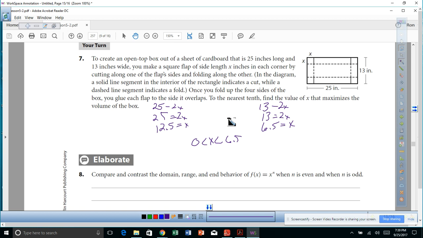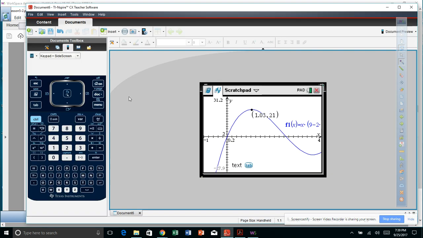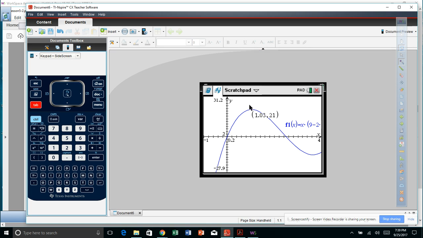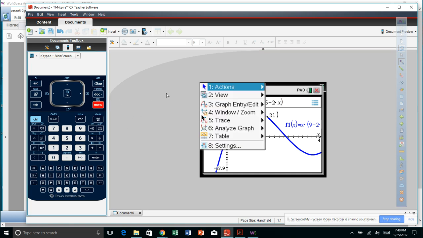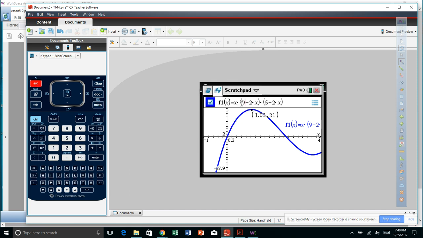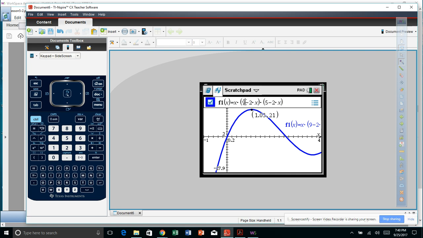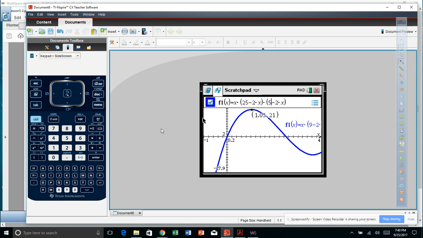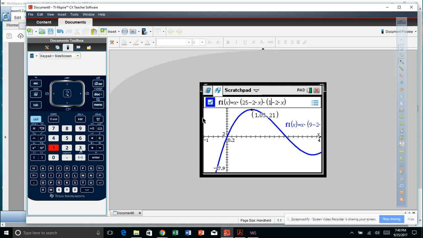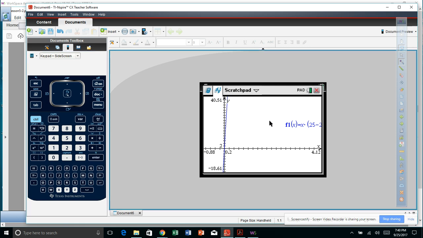And then let's put it in the calculator here. Let's change this to 25 and 13.